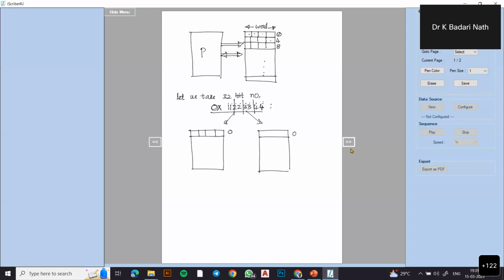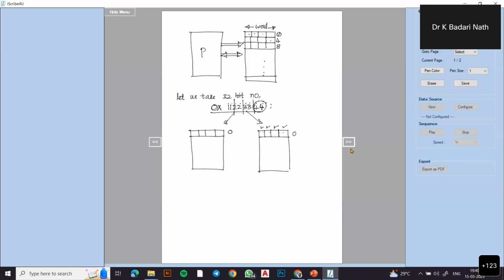We know that every word consists of 4 bytes, so this is 8 bits, another 8 bits, 8 bits, 8 bits here. I can store 44, which is 8 bits, into any one of these locations, because every address associated with the first word refers to 1 byte. So now two possibilities are there. I can start writing the 44.